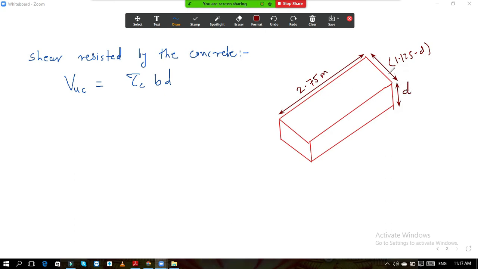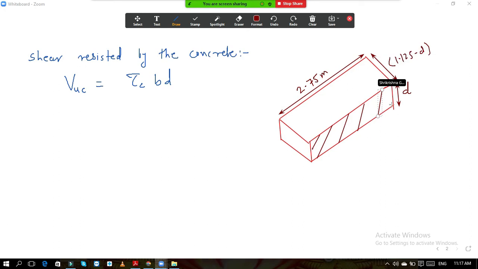So now what is the area of the failure? Shear resisted by the concrete: through which area will concrete resist this shear? So I will hatch that area first so that you will understand. So that area is this much. This is the area where the shearing action takes place.